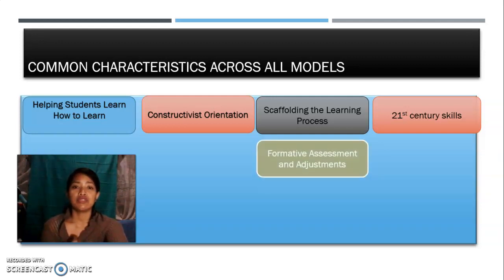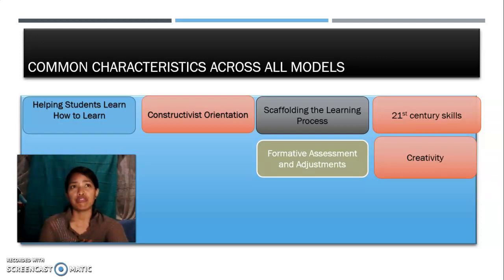And then formative assessment and adjustment, in which the new paradigm teaching models are characterized by the use of authentic assessment.